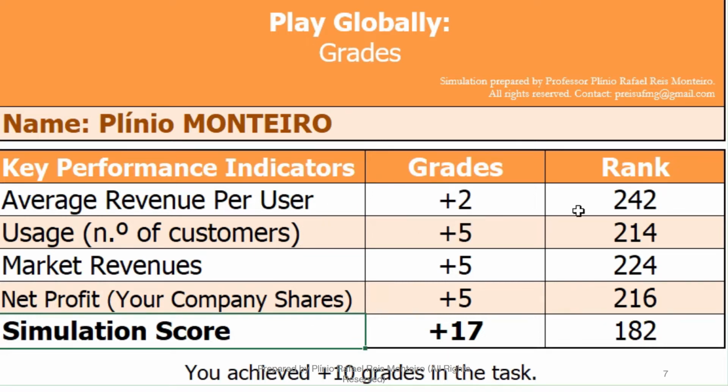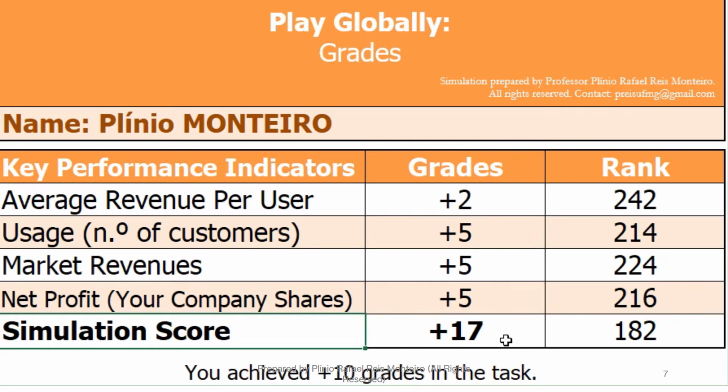This means that I achieved 2 grades. In terms of usage, I am achieving 5 grades, market revenues 5 grades, and net profit 5 more grades. So this sums to 17 grades. But remember that the maximum that you can achieve is 10 grades in the simulation. So this means that I have much more than the maximum of 10.